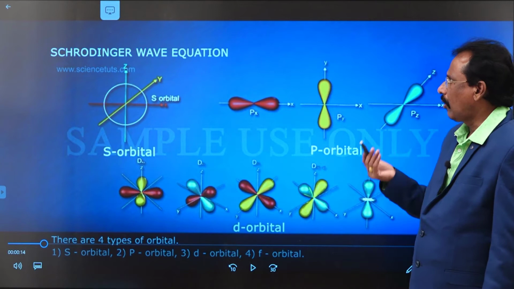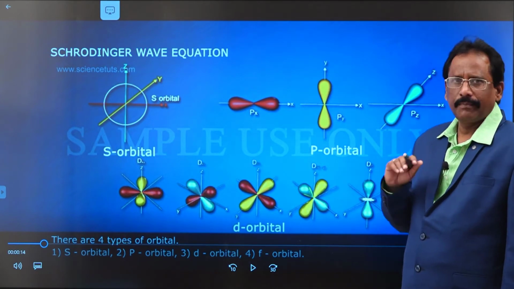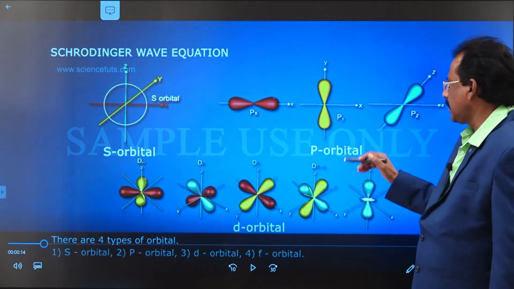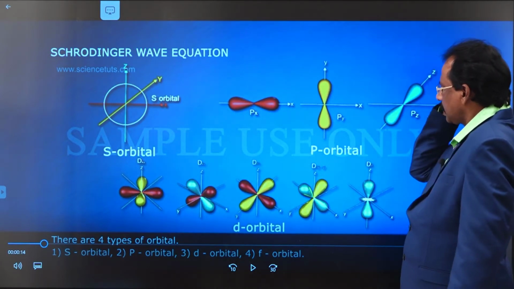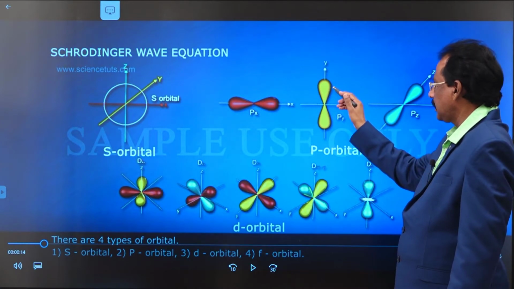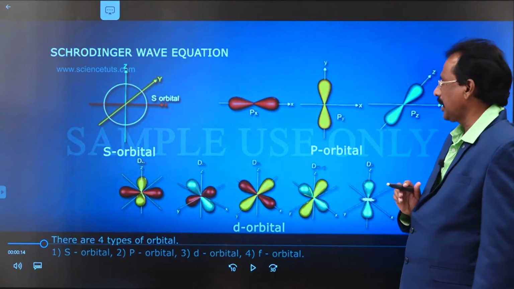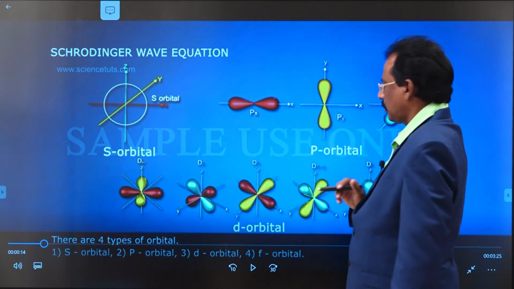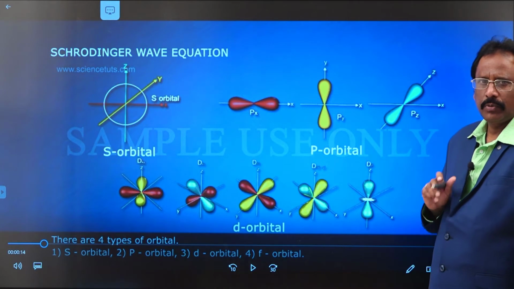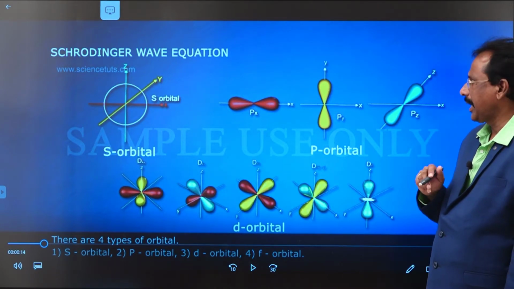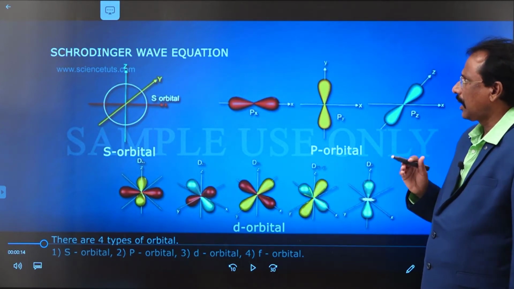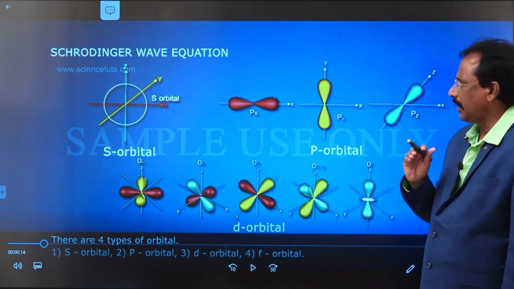According to the quantum mechanical model of the atom, an orbital is the region of space around the nucleus where the probability of finding the electron is about 95%. That means an orbital has a three-dimensional approach according to the quantum mechanical model of an atom.